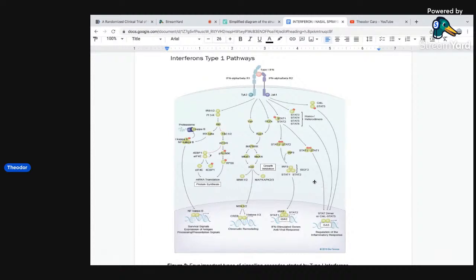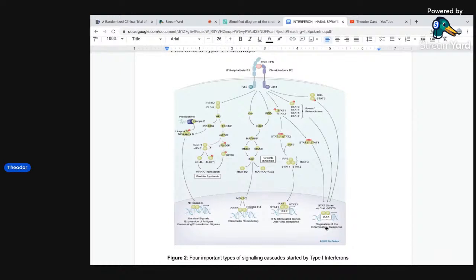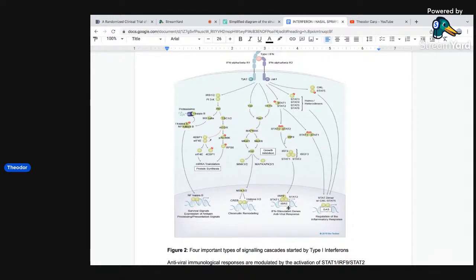And from there you have four main pathways involved in different kinds of immune responses. But in this material, I will be focusing on the two on the right hand side, which are the antiviral responses and the anti-inflammatory responses. These two pathways alone can play a critical role in mitigating the effects of the current pandemic.